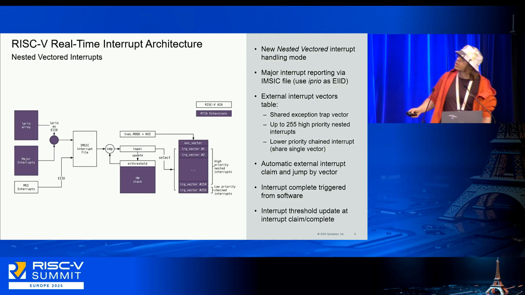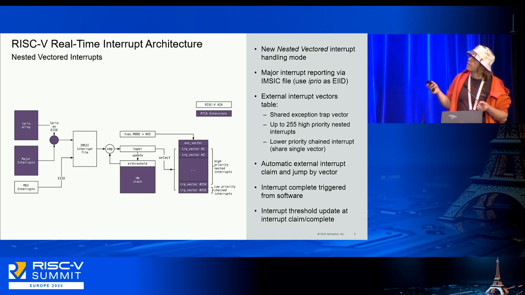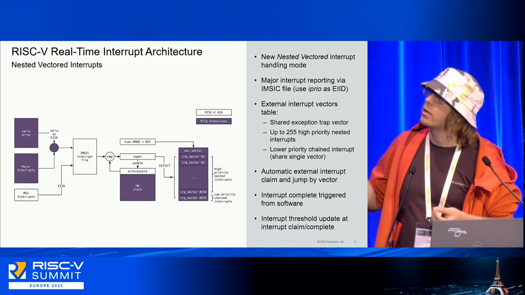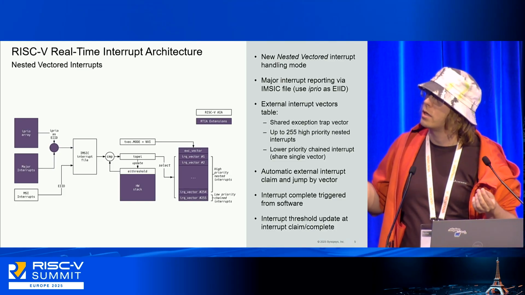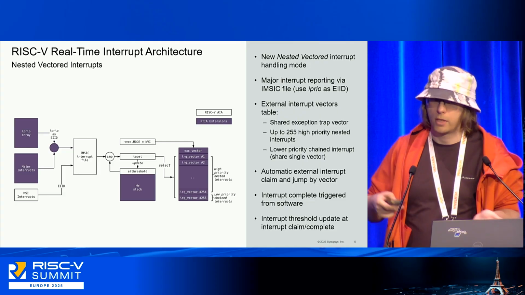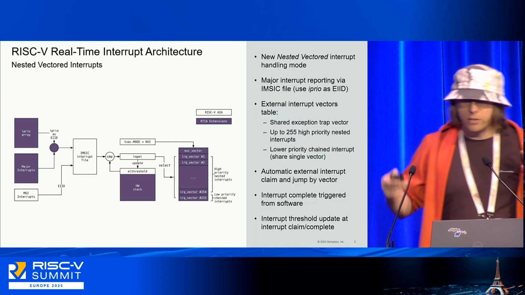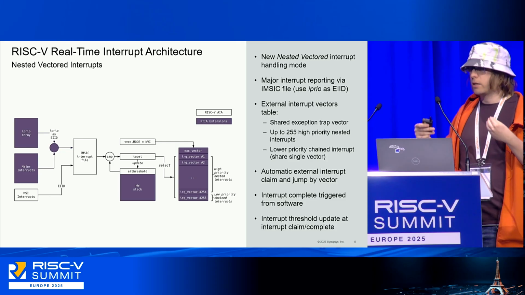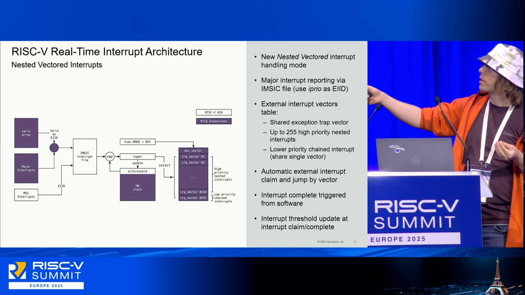The first vector is a shared vector for exception traps. After that, we have 255 individual vectors for high priority interrupts with external interrupt identity from 1 to 255. And for the rest of the interrupts which have lower priority, there is a single shared vector at the end of the table.